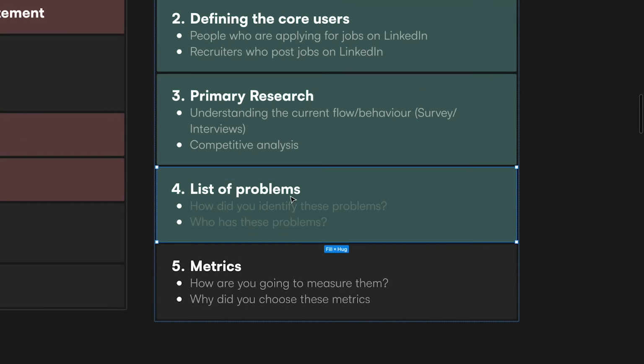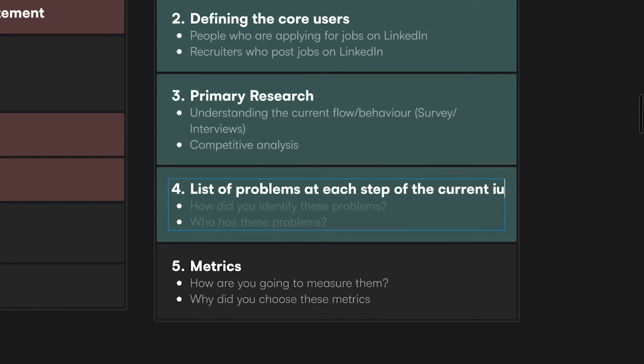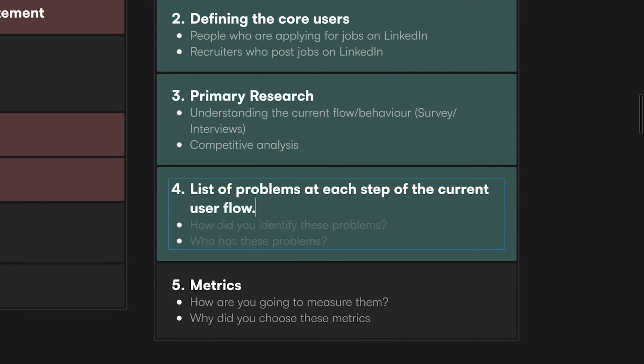And then that will help you identify a list of problems at each step of the current user flow. You take the user flow and find problems at each step.